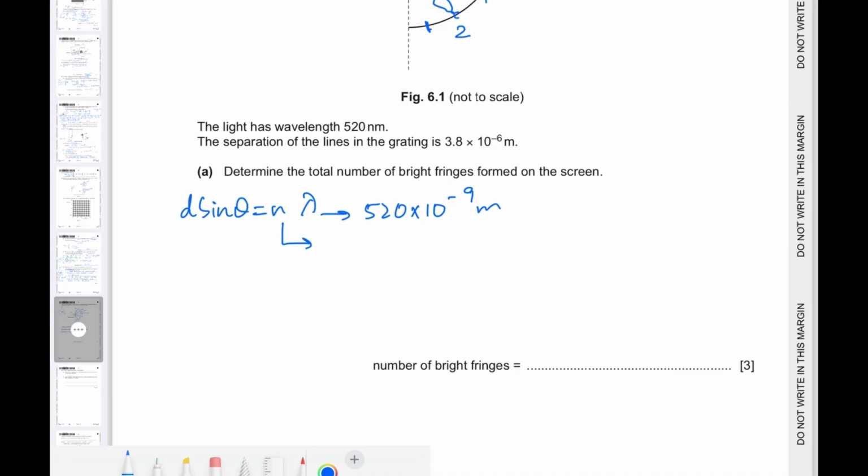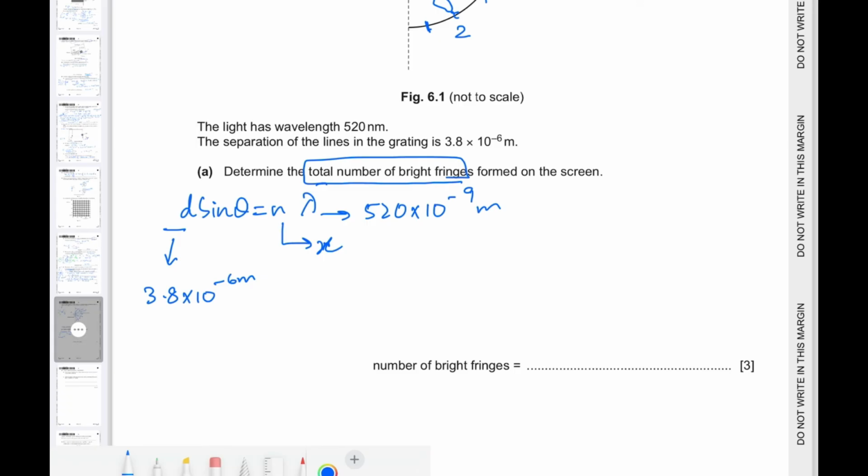n is the number of maxima, or the total number of bright fringes in this case. n is the order of maxima, which we need to find out. d is the separation given in the question, and for the total number of bright fringes, we will assume that theta is equal to 90 degrees.